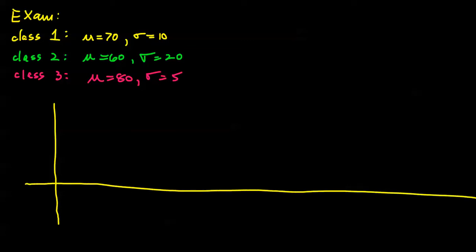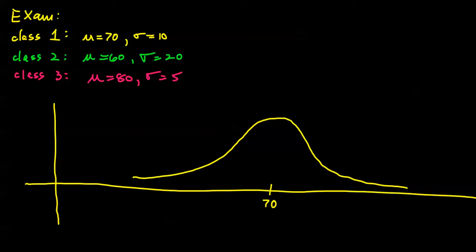Class 1 has a mean of 70, so they're going to have a bell-shaped distribution with a mean of 70. The bell is going to peak at 70. And again, we've got symmetry about the mean, vertical symmetry about the vertical line drawn at the mean, like so. So there's class 1.